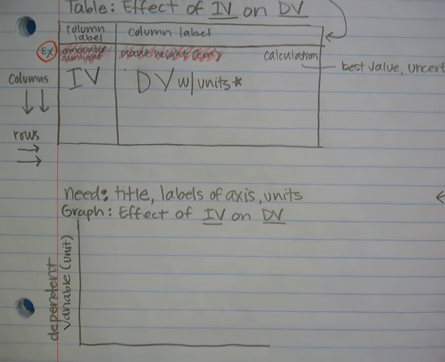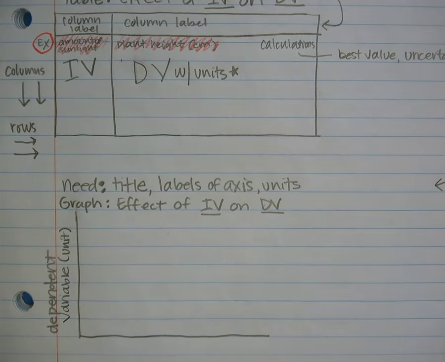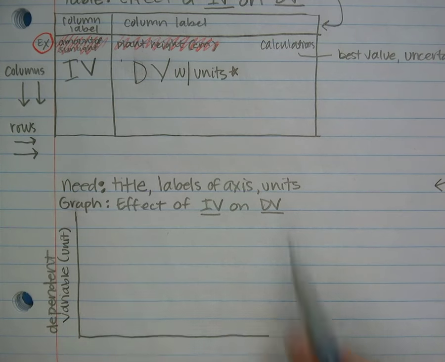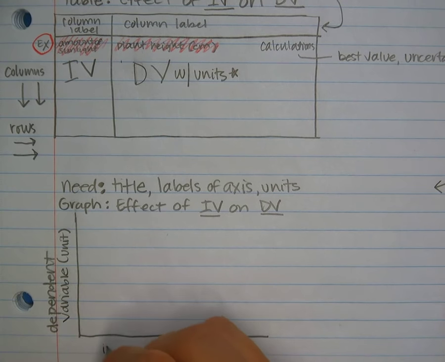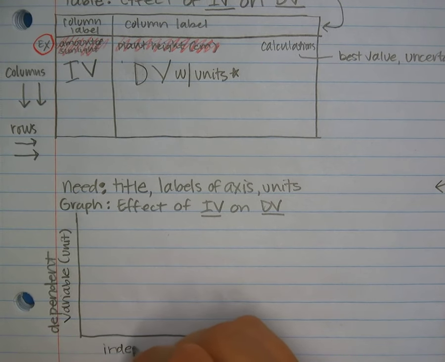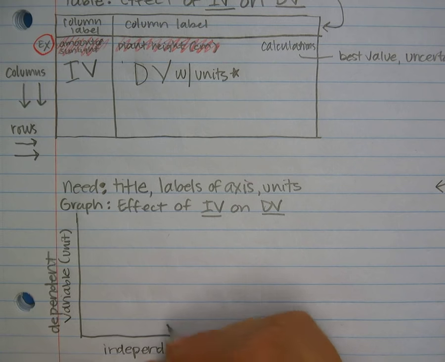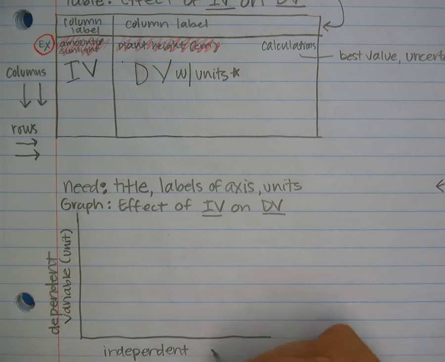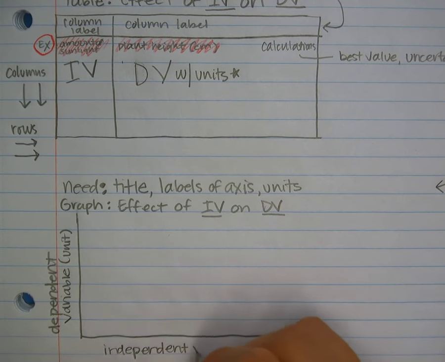Your dependent variable will always have a unit, so you will always label the unit. Sometimes it's not possible that your independent variable has a unit. So if I'm doing amount of sunlight and I'm just putting it in sun or partial shade, I wouldn't have a unit.